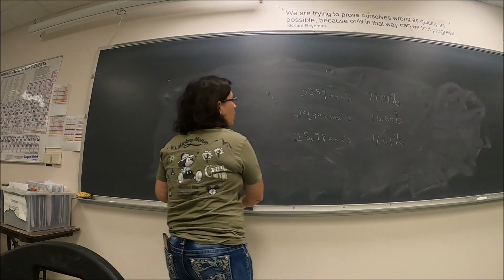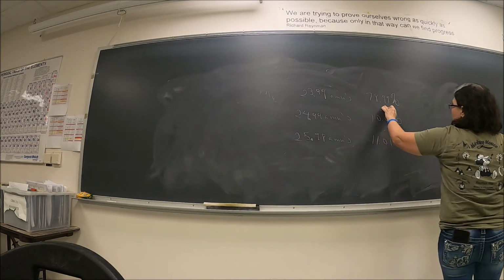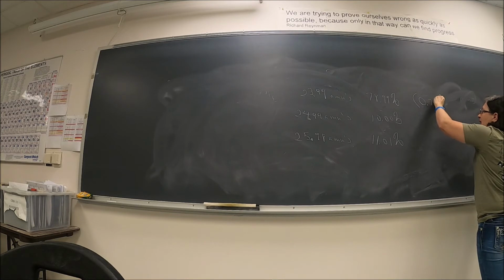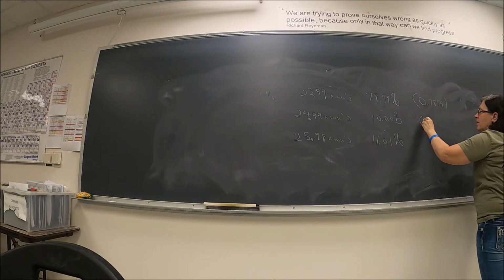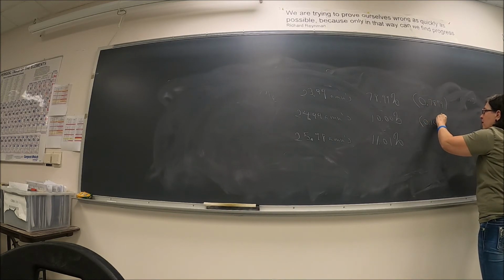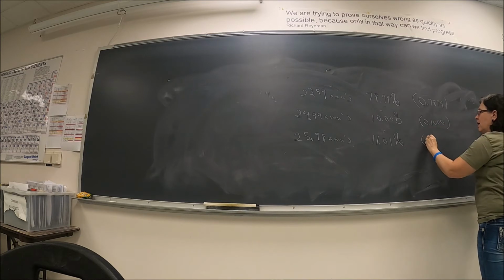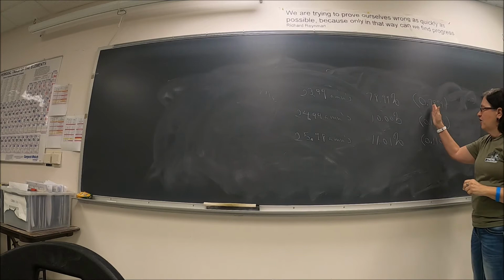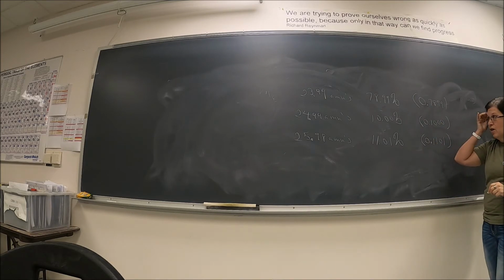Well, first thing you want to do is convert these percentages to decimals. So 0.7899, 0.1000, 0.1101. Remember, to go from percentages to decimal, you just divide by 100.